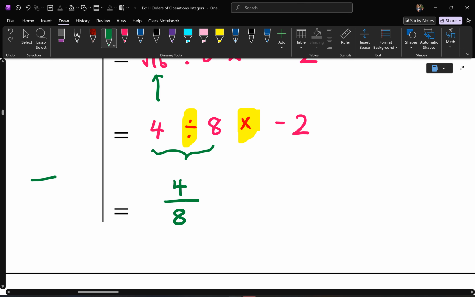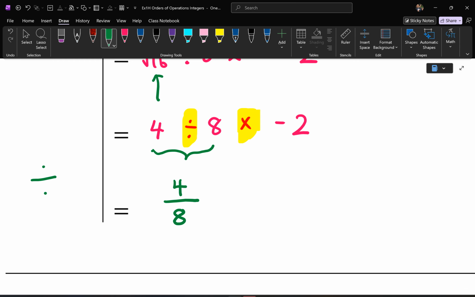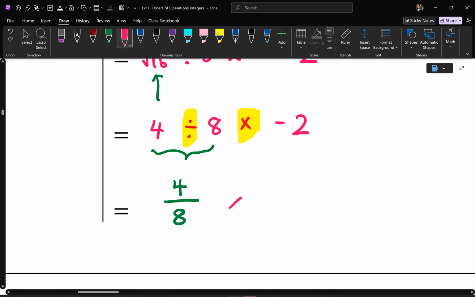If you never noticed a fraction, that divide symbol, that's actually a fraction symbol. So that's your numerator, denominator. That's what that represents. So when you write 4 over 8, that's what it's actually saying: 4 divided by 8. That's numerator, denominator. Okay? So 4 divided by 8, and then we're now timesing by -2.